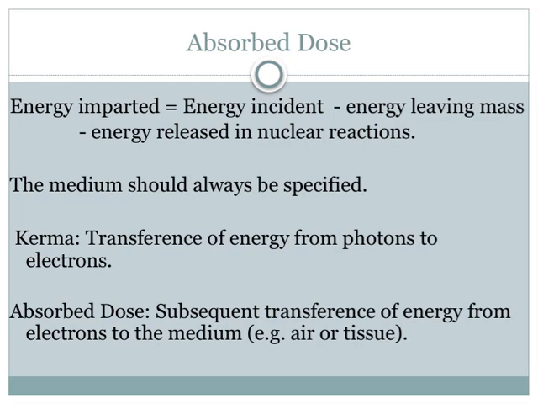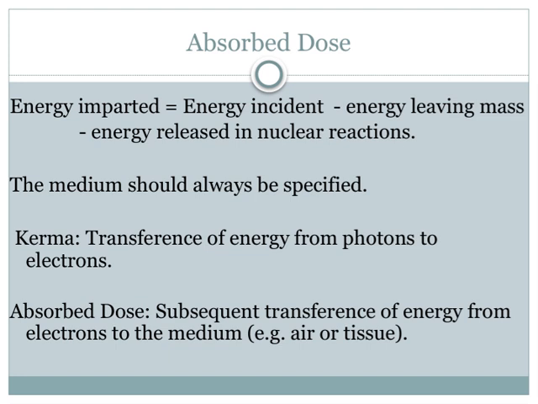Let's start by looking at how energy transfer works. The energy imparted to a medium is essentially the difference between the energy incident on it and the energy leaving the mass. This accounts for the energy released during nuclear reactions as well. Now, when we talk about Kerma, we're referring to the transfer of energy from photons to electrons. This is a crucial step because photons transfer their energy to electrons when they interact with the medium. Next, the absorbed dose refers to what happens after that.